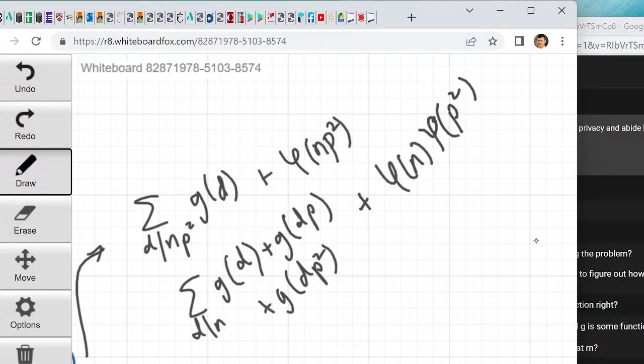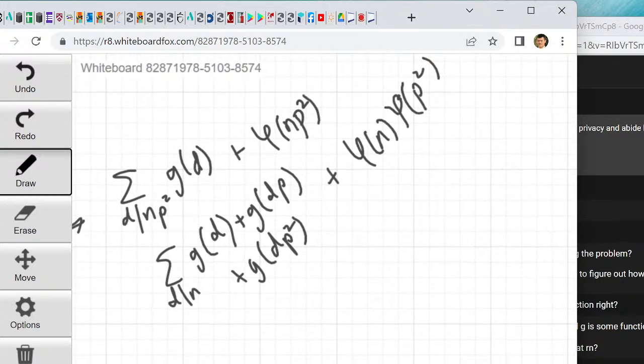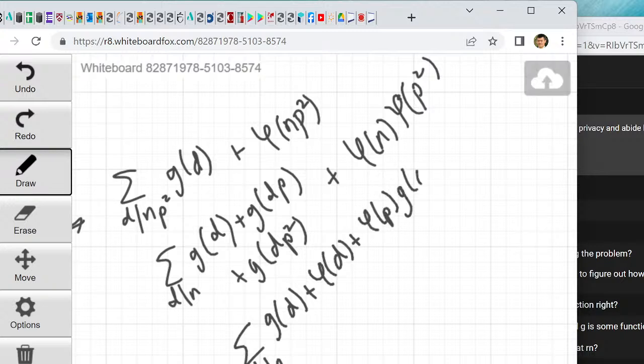Okay. So now how g of dp works. I get sum of d dividing n, g of d is phi of d plus phi of p, g of d plus, I think this is just g of dp times p.